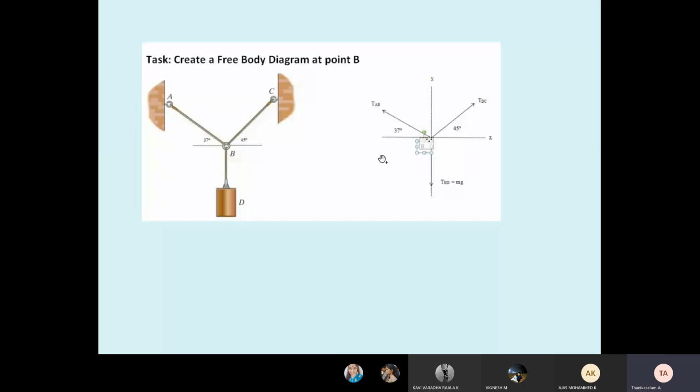Weight mg is acting, tension goes to the first quadrant, and another tension, TAB. This is called a free body. Already we discussed this; in this unit we are discussing it. Free body means remove all the supports and represent them with tension, reaction, weight. That is called a free body diagram.